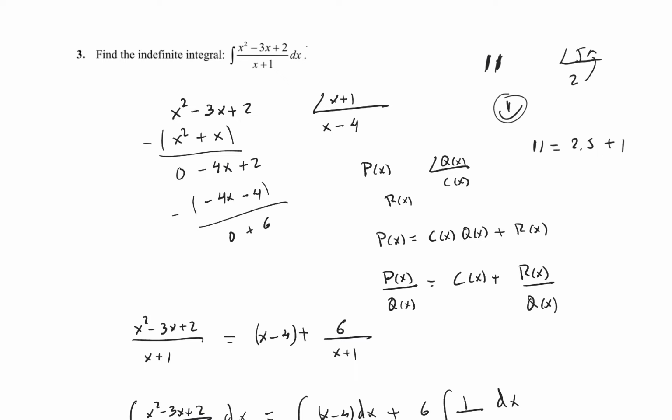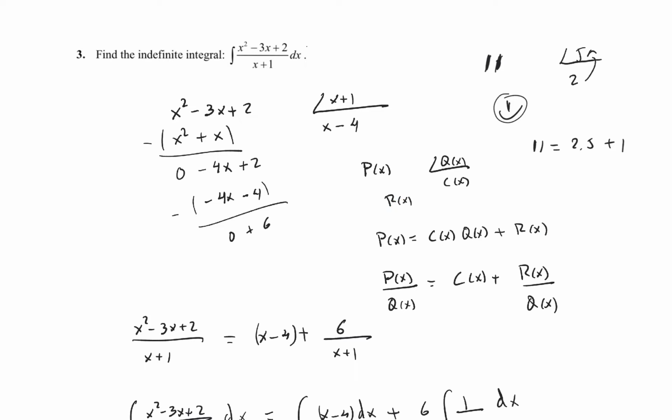So when you have the division of two polynomials, p of x and q of x, p of x divided by q of x is c of x, and there is a remainder. P of x is always c of x multiplied by q of x plus r of x.